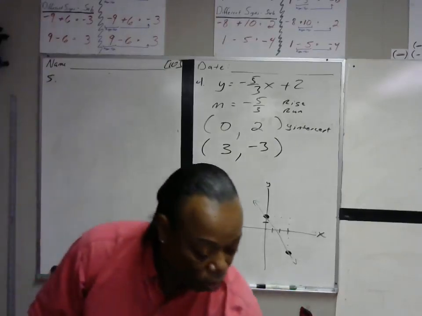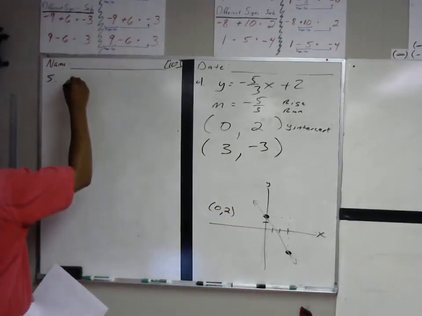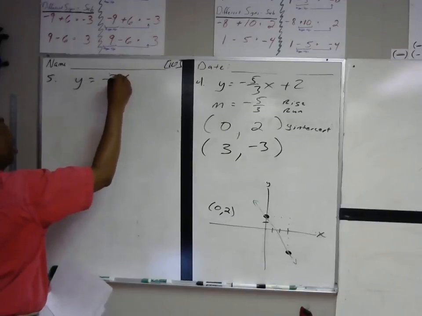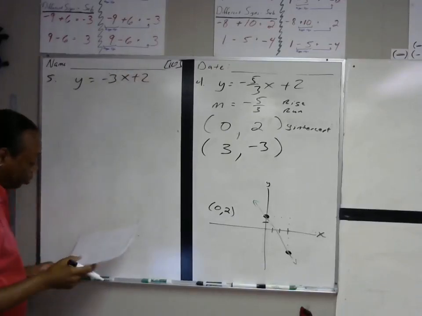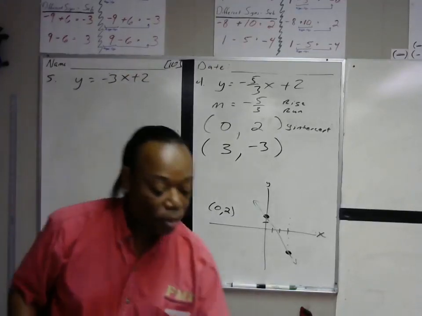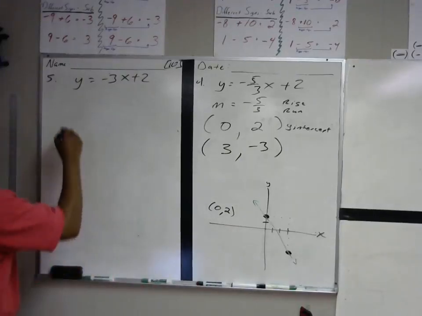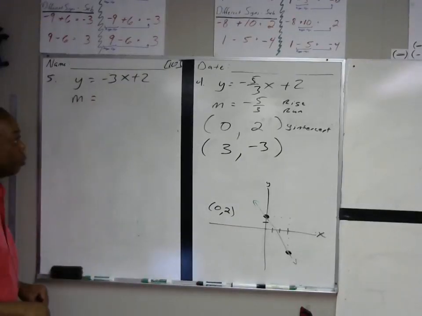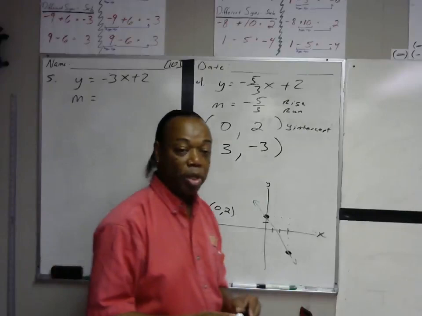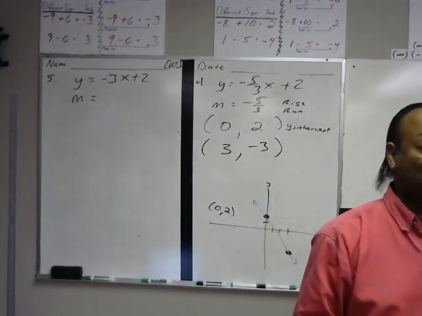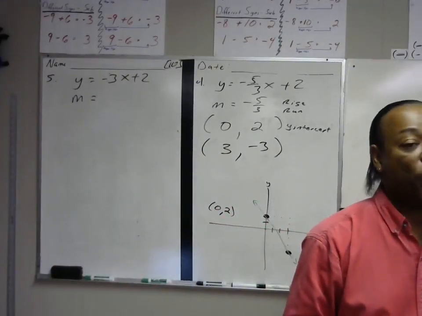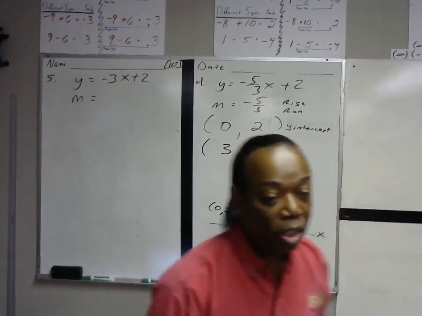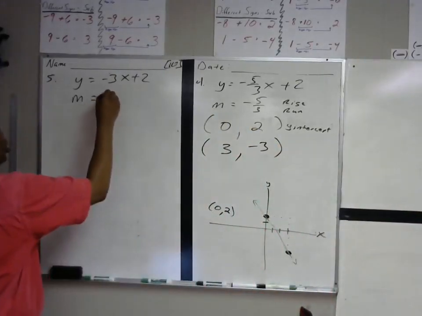Okay, number 5, we have Y equals negative 3x plus 2. Now, the slope has to be a fraction, has to be a numerator and a denominator. The problem is negative 3 is just simply one number.